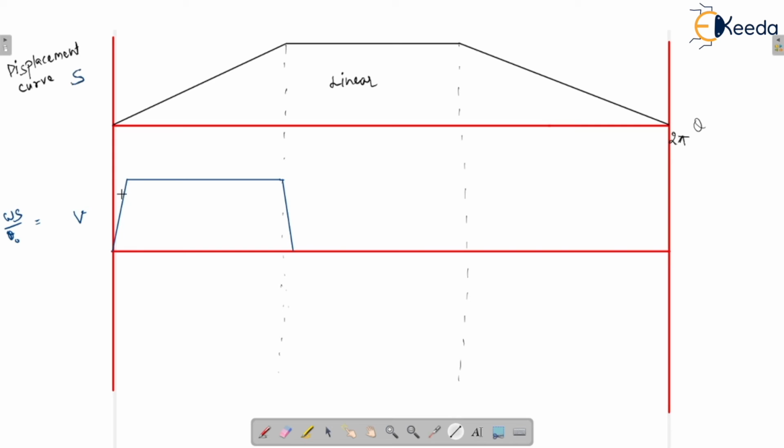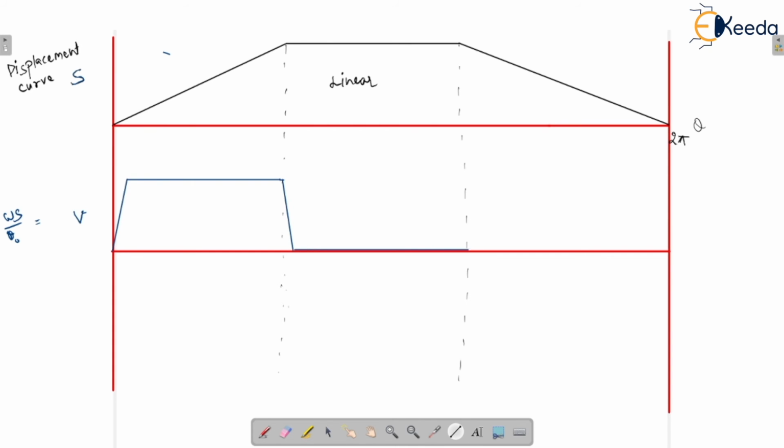This is the outstroke condition, and after the outstroke comes the angle of dwell. During the dwell conditions, the velocity becomes zero, because the follower is not going to move, so it has zero velocity during the angle of dwell.